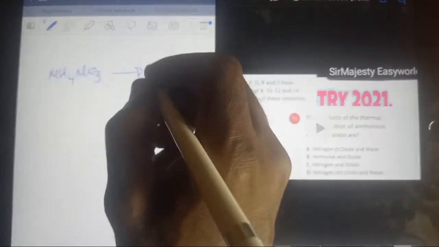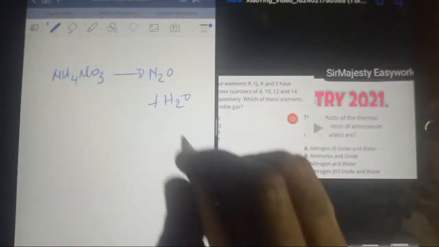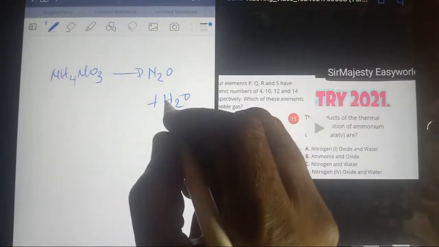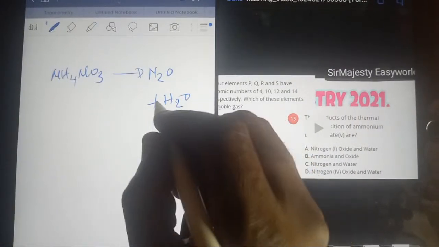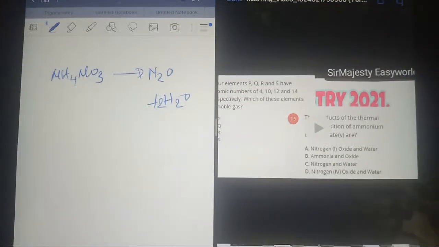The action of heat on this will give you nothing but N2O plus H2O. So your job is to balance the equation. You just put a 2 here, and the 2 there makes the equation balanced. Now the case is settled. Now we go to the next question.